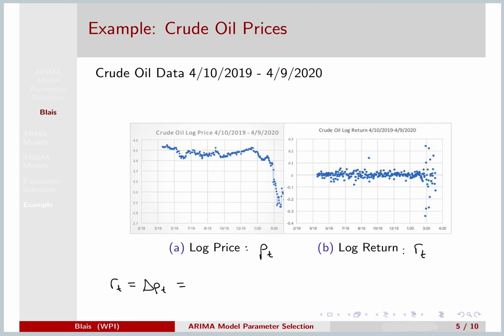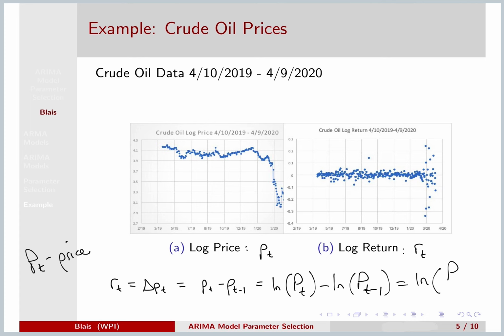So we saw this example in a previous lecture, right? Our log price differenced would be this time series here, p_t minus p_{t-1}. But if capital P is the actual price, then we know from our properties of logs, this is the natural log of P_t over P_{t-1}.